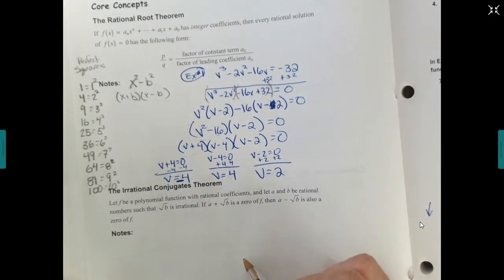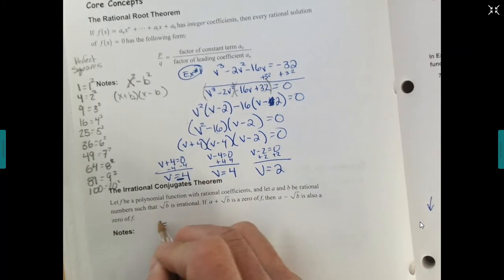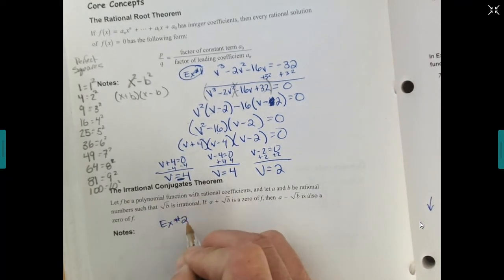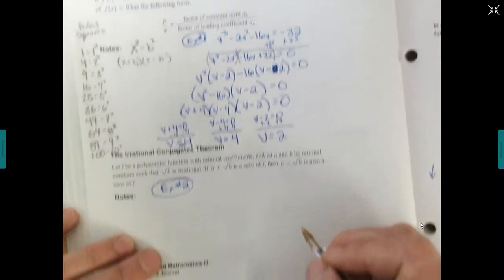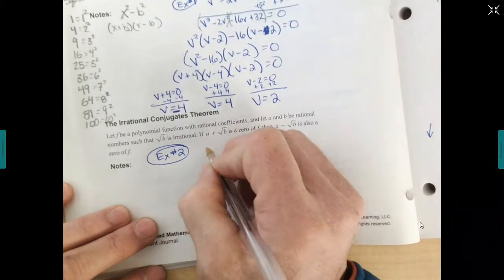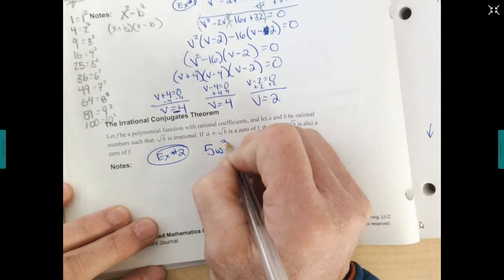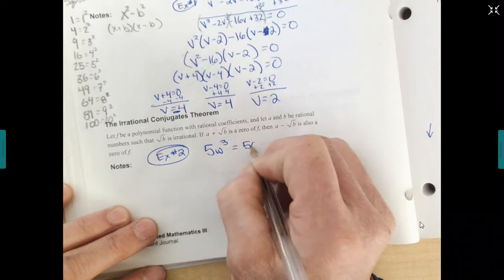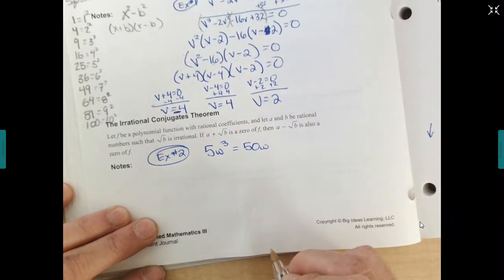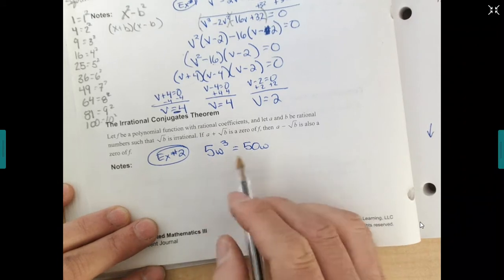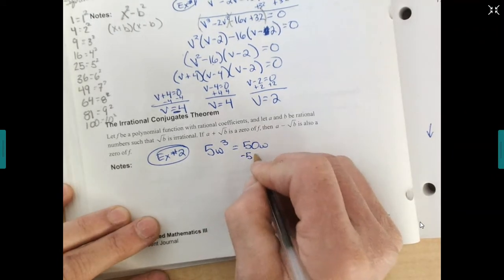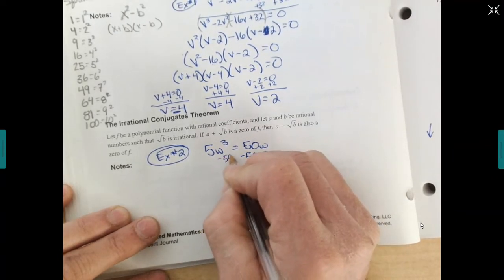Okay? Let's do one more example. Example number 2, we'll say 5w to the third equals 50w. So in order to solve this, I need to get it to equal 0. So let's take this 50w over here.